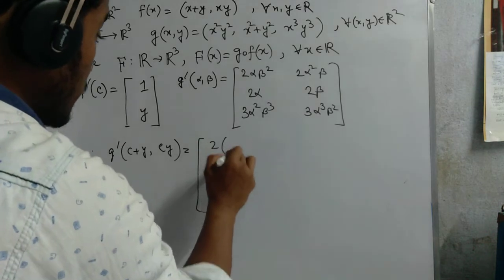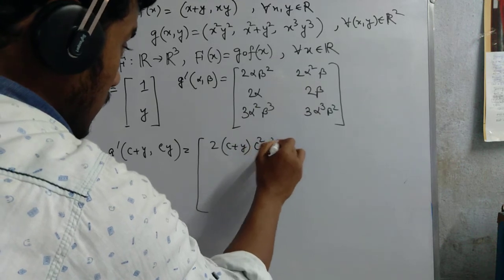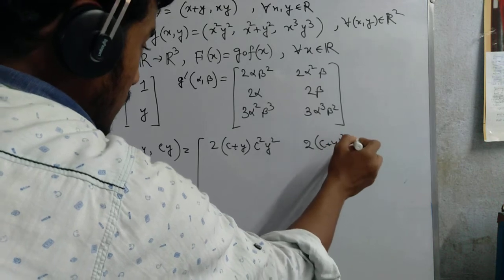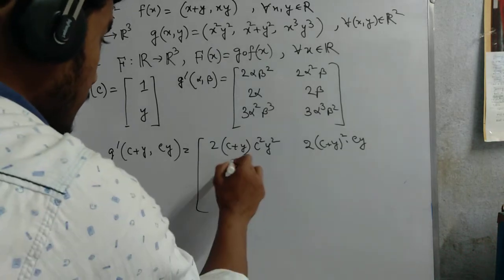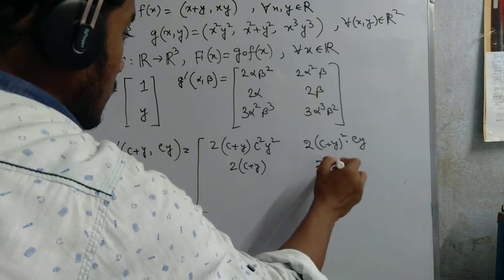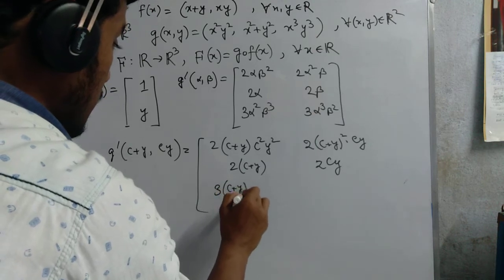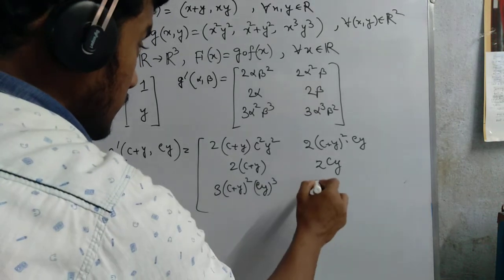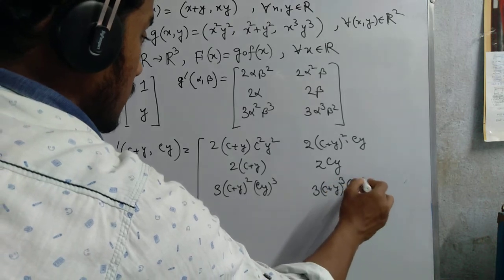Here 2(c + y)c²y² and 2(c + y)²cy, here 2(c + y), 2cy, then 3(c + y)²(cy)³ and 3(c + y)³(cy)².